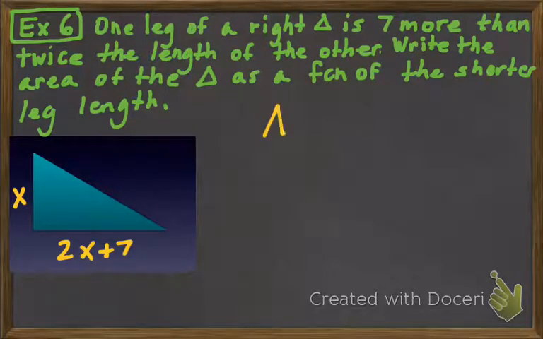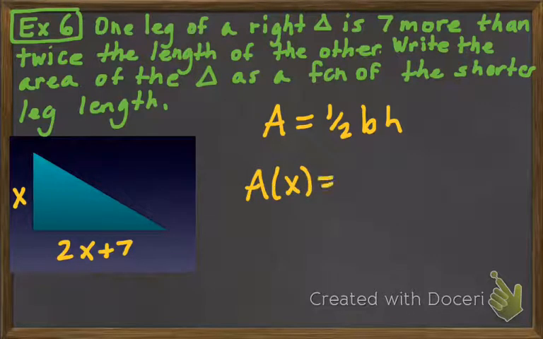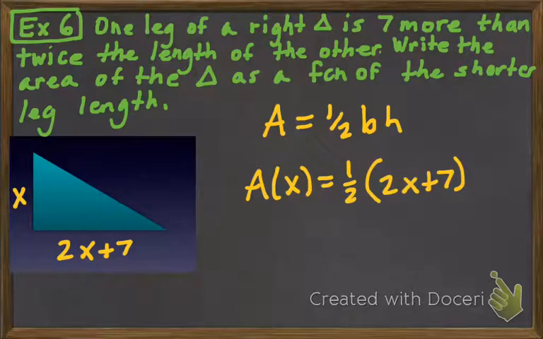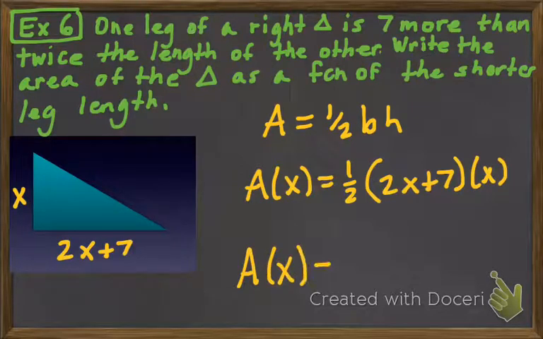So we write the area formula from geometry, 1/2 the base times the height, and then we replace each part with its algebraic representation in this problem. The base here is 2x plus 7, and the height is x. So now we've got base and height replaced in terms of x, and then we just multiply everything together.